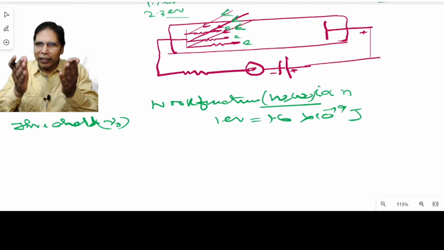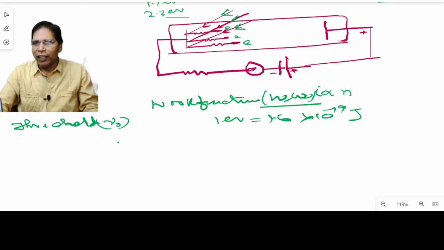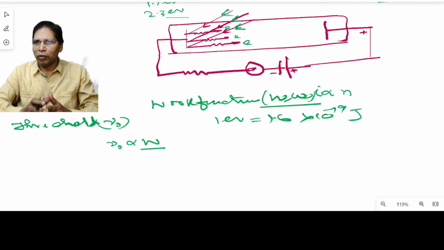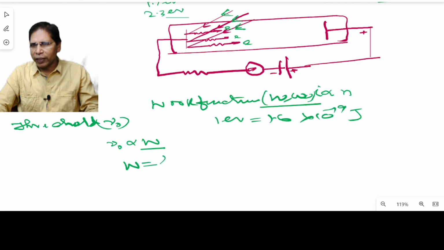Threshold frequency depends on work function. Actually, threshold frequency is directly proportional to work function. The greater the work function of the metal, the greater will be the threshold frequency. If h is the Planck's constant, then work function is equal to h nu naught.